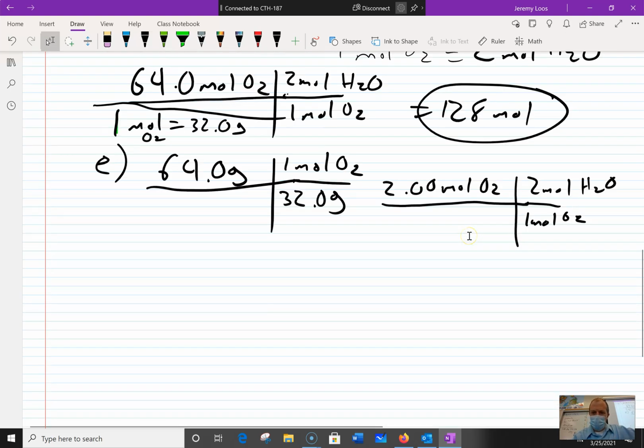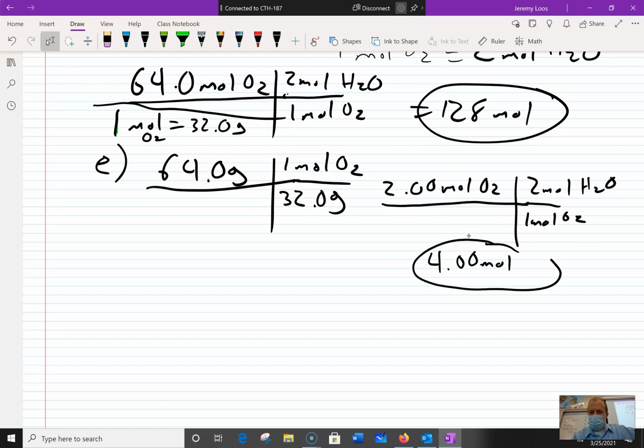So the answer is 4. So by changing that unit, instead of the answer being 128, now the answer is 4. So obviously that makes a big difference.